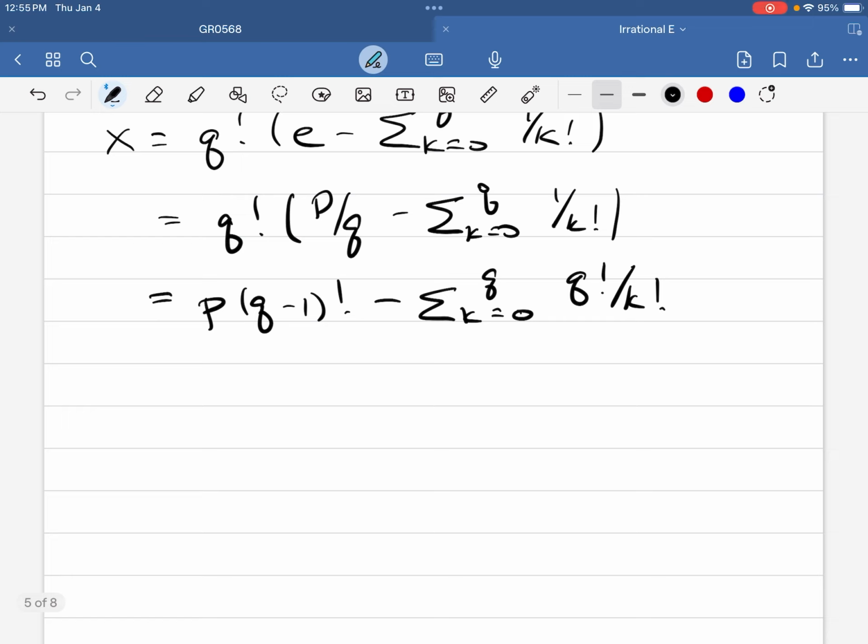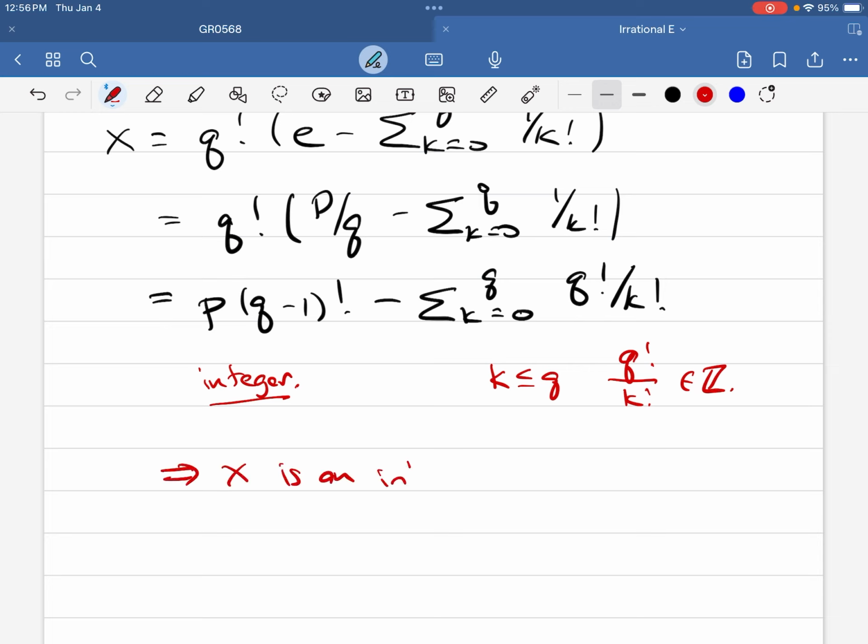Now, how do we see that this is an integer? First note that the first term is clearly an integer, just the way it's written. Secondly, recall that k is less than or equal to q in this sum, which means that q factorial divided by k factorial is also an integer. And since this is a sum of integers, the whole thing is an integer, and there we go. So x is an integer.